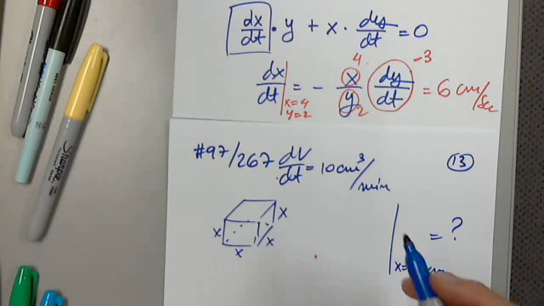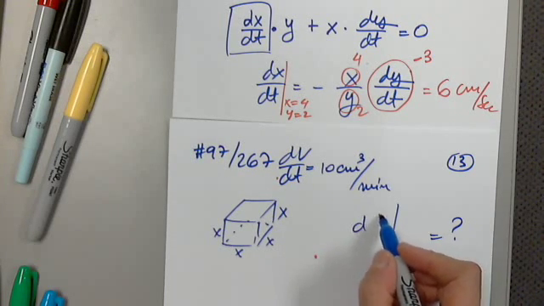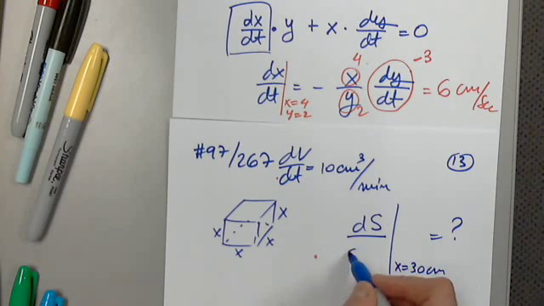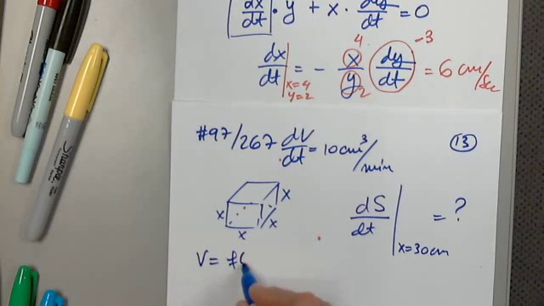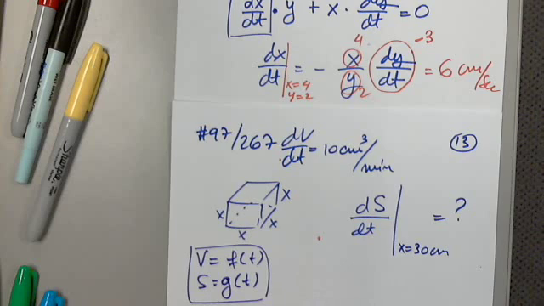That's dS over dt. Perfect. Good. So now I have two notes for myself. V is a function of t. S is another function of t. Not to forget how to differentiate.